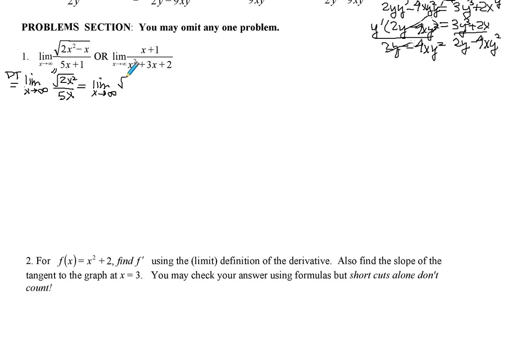Square root of 2 is root 2. And then the square root of x squared is just x, because everything's positive. So that's just going to be x. And then we've got 5x on the bottom. So this is the limit as x goes to infinity of root 2x over 5x. And then the x's cancel, root 2 over 5.